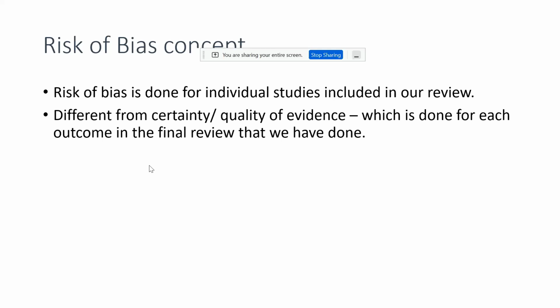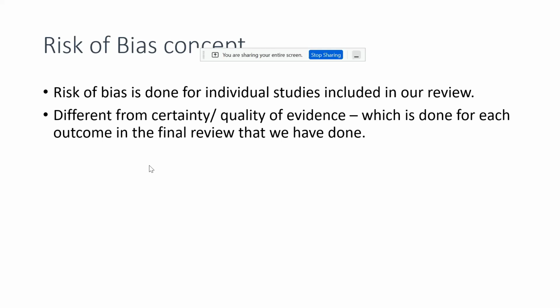So let me give an example. For instance, in our systematic review, where we had evaluated the effect of corticosteroids on the treatment outcomes in lymph node tuberculosis, we had included 3 studies. We had taken 2 outcomes in our systematic review.